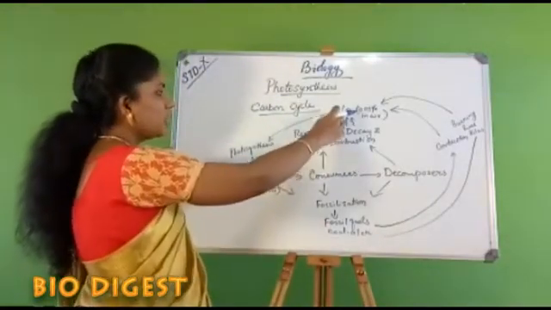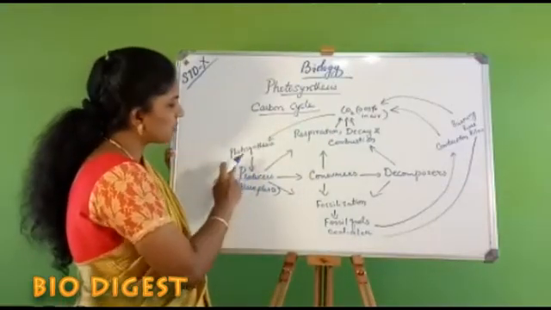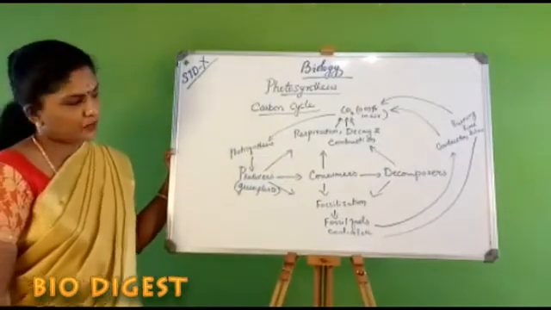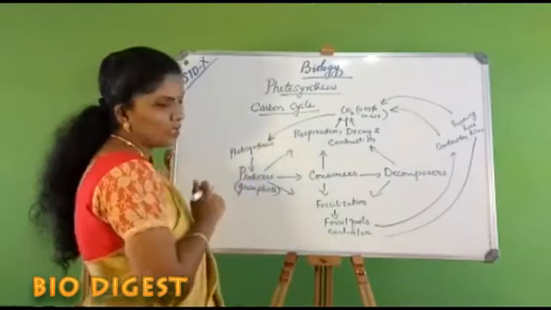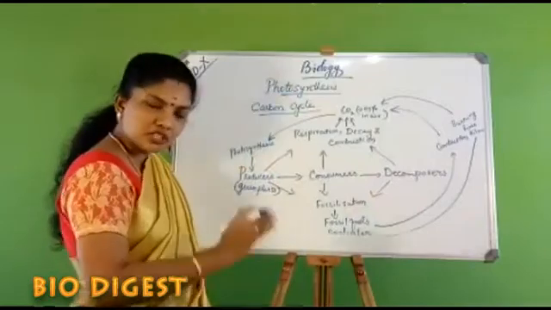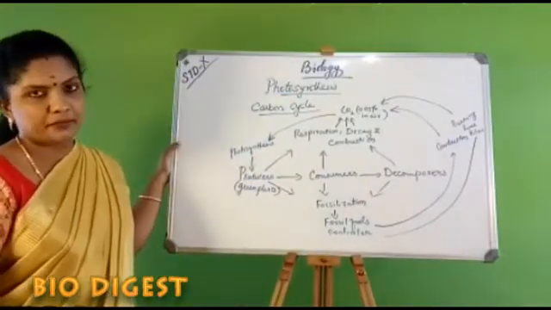Now what is happening to these green plants? Food chain will begin. Food chain always begins from green plants.